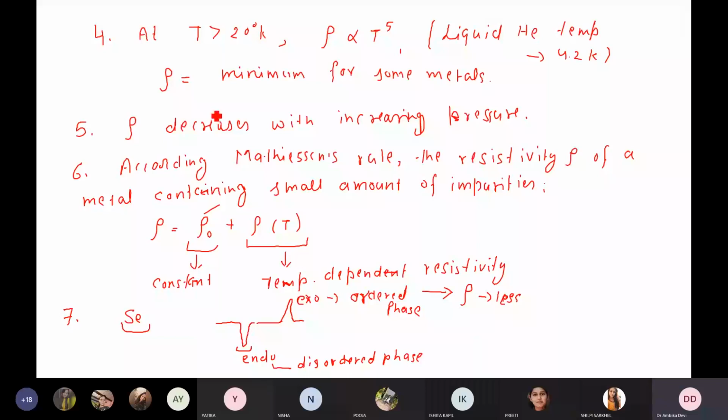This is a special case, a specific case where the resistivity is minimum for some of the metals at liquid helium temperature, right? But for most of the metals this pattern is followed. When temperature is increased and becomes more than 20 degree Kelvin, the resistivity of the metals is no longer proportional to T, but it becomes T raised to power 5. Is that clear?